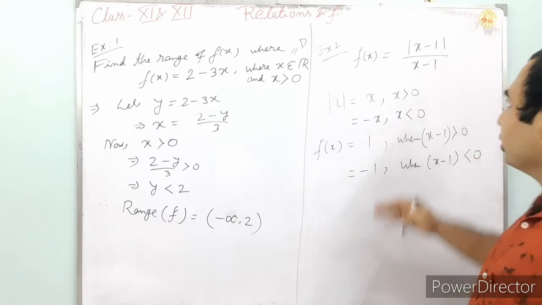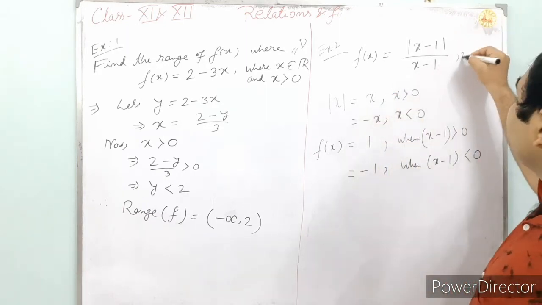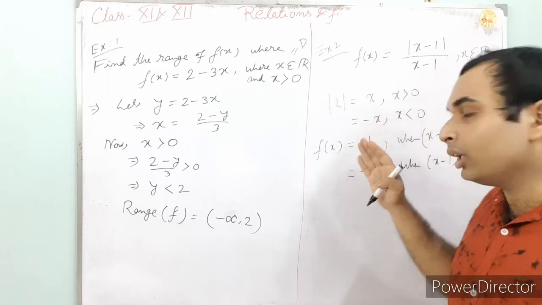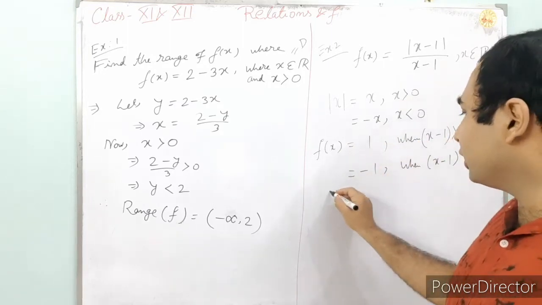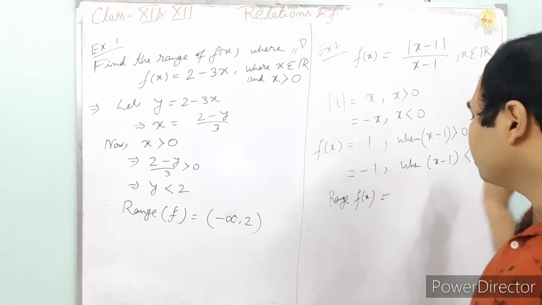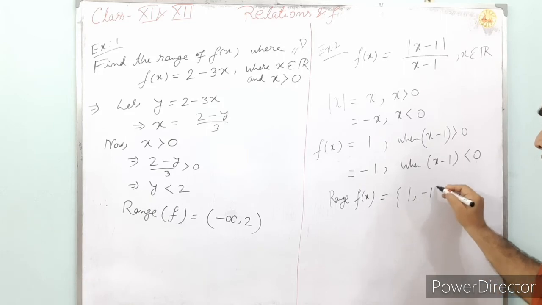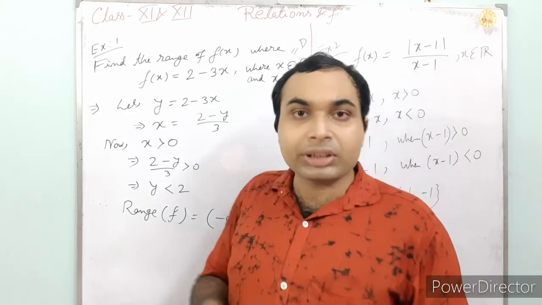So whatever value of x you take, if x belongs to R, it will give either 1 or minus 1. So the range of f(x) will be the set {1, -1}. Very easy, the concept is very easy.